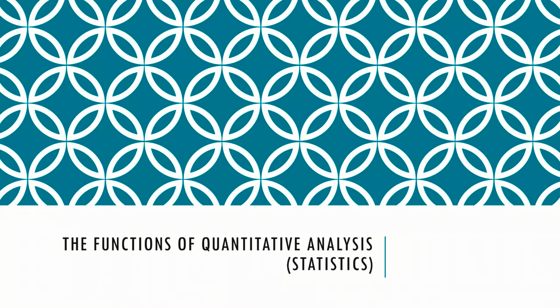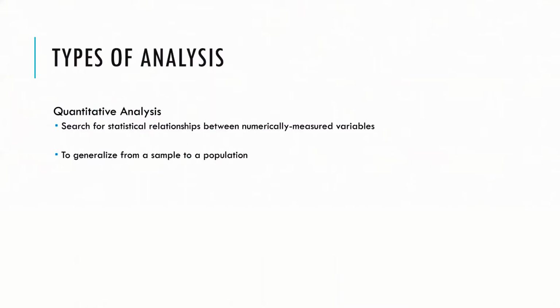So what is the function? Why do we do this? Why are we even doing this? The important thing to remember from maybe your undergrad or grad methods class is we're trying to search for statistical relationships between variables, right? So we're measuring something in our observations, and we want to see, did this thing that we measured for an individual relate to this other thing that we measured for that individual?